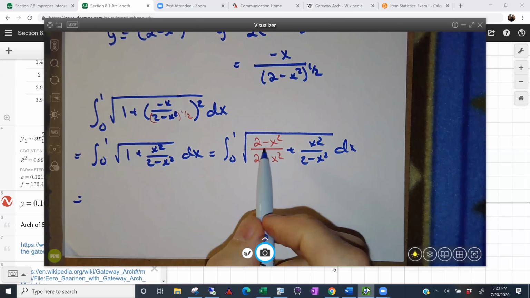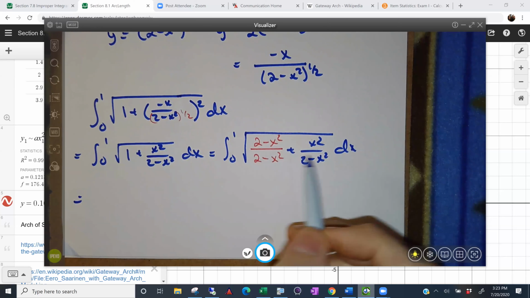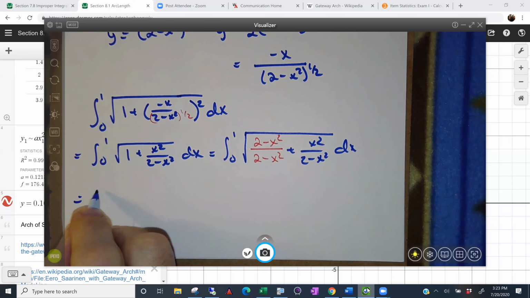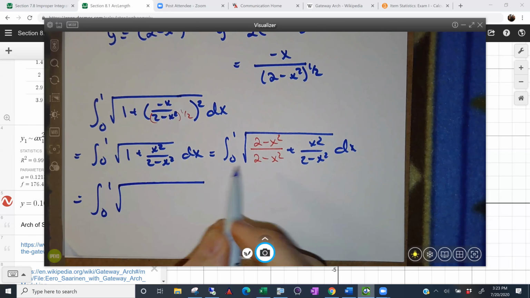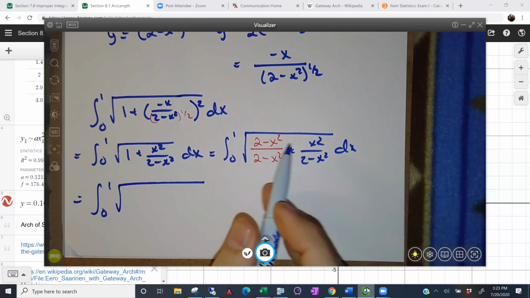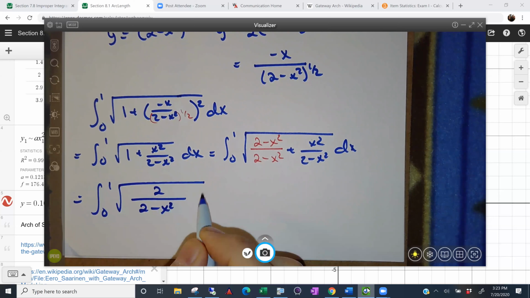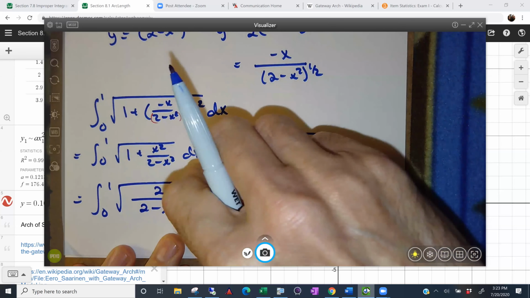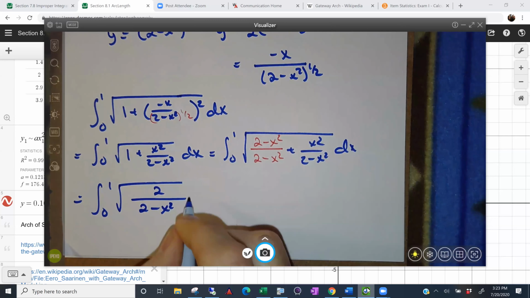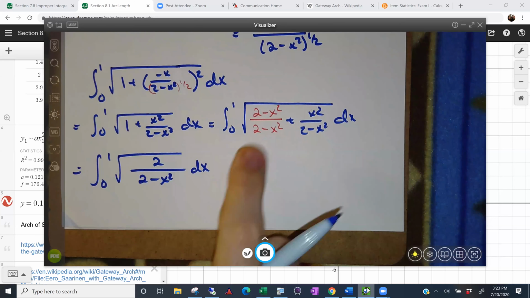Well, if they have common denominators, I can add the numerators. 2 minus x squared plus x squared just gives me 2 over 2 minus x squared. Are we okay with that step?